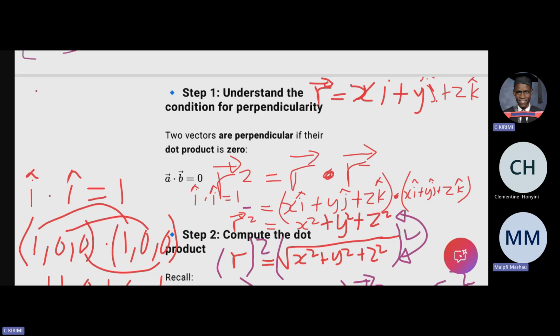Those are the physics concepts that you must bear in mind. And how do you write r, the magnitude of r only, not as a vector? r as a vector has components i, j, and k. But r as a magnitude does not have components i, j, and k.